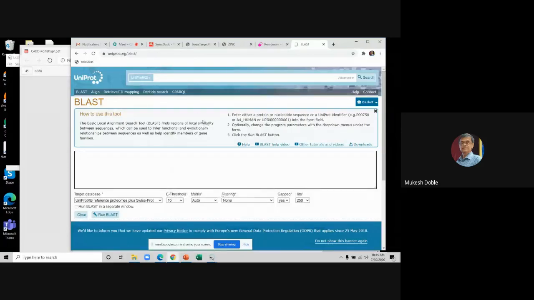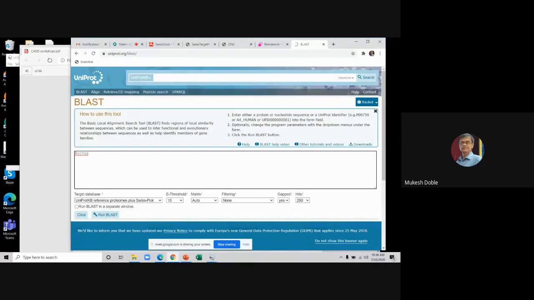Look here. Enter either a protein or nucleotide sequence or a UniProt identifier. Then it will start searching and try to say what is the sequence similarity with the existing ones. For example, they themselves are giving P00750. So we can put that, an existing protein sequence.